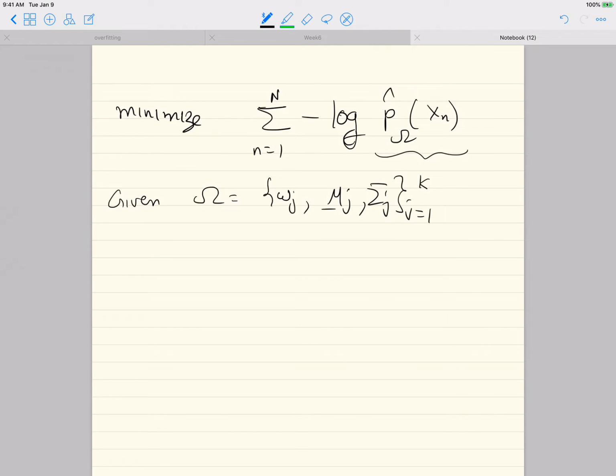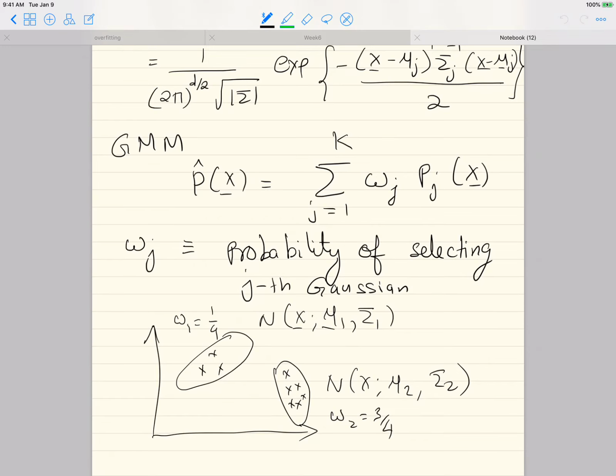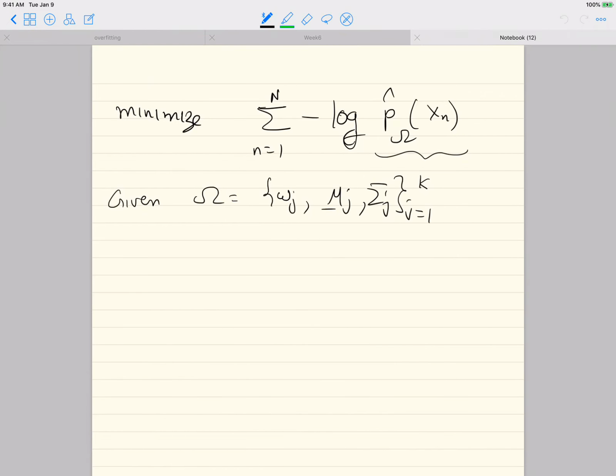It's not quite the weights. Weights is basically the probability assigned for the jth Gaussian. So wj is simply the probability, if you go back to this figure here, whether I select this cluster or this cluster. It's not the density of xn. What is p hat of xn? How do I compute this quantity?